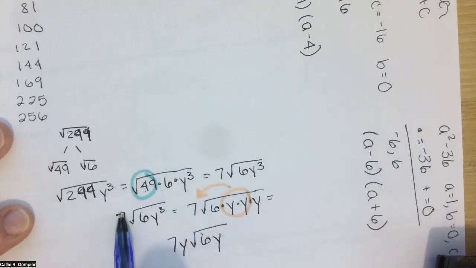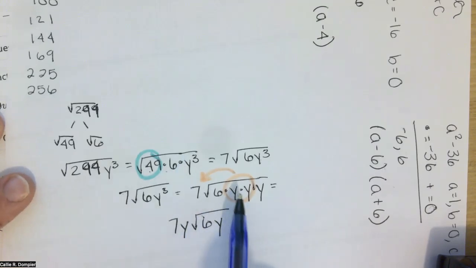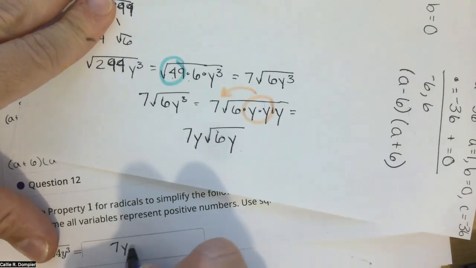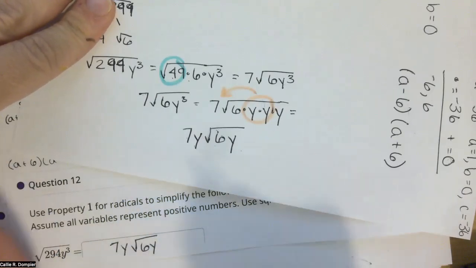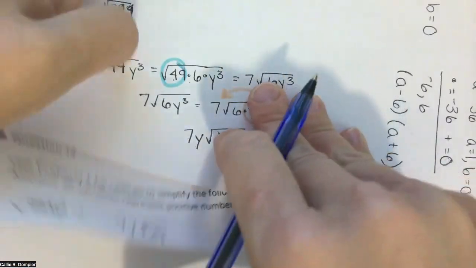The 49 comes out, becomes 7. The 6 stays under. We have the y to the third. Y times y comes out to be y outside. 7y square root 6y as our final answer. Good. All right, that's number 12.